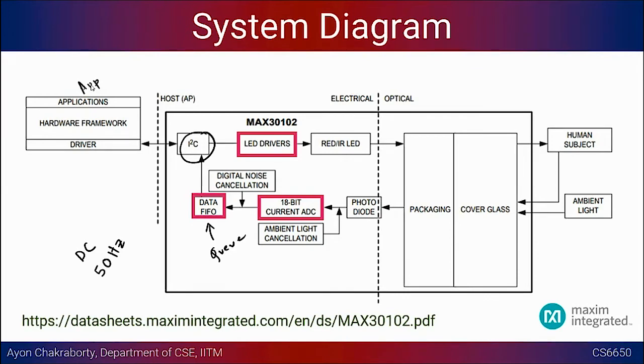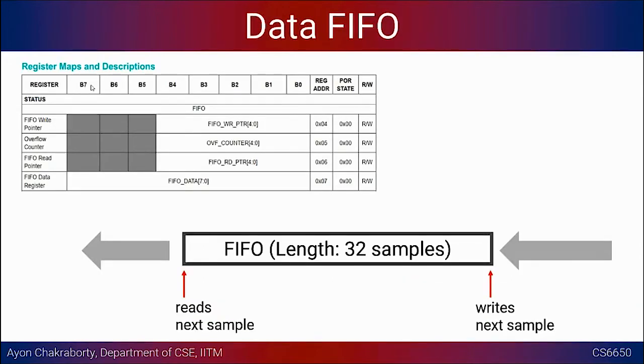So we are going to look at 2-3 specific things about the data FIFO and the LED drivers. The first one is about the data queue, and it has a length of 32 samples. Again, for a more expensive sensor, you might have this buffer a little bit larger in length, and that gives you a temporary storage of the data, right?